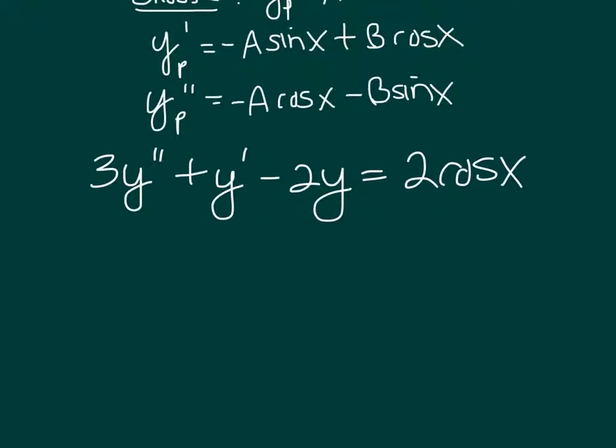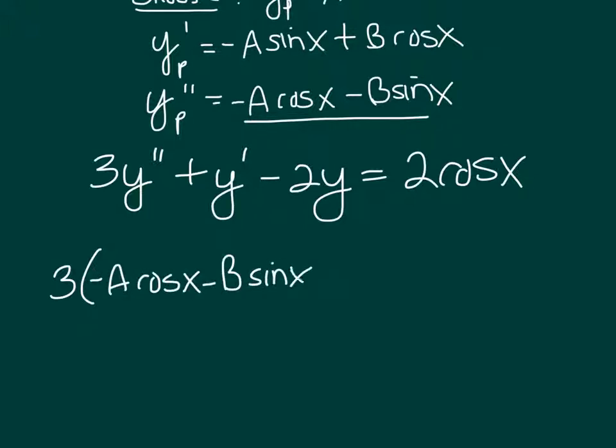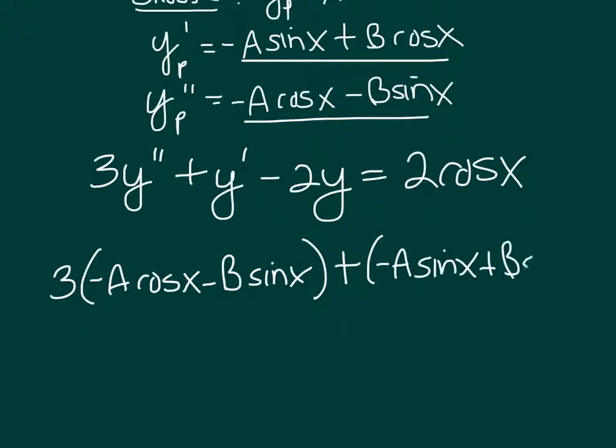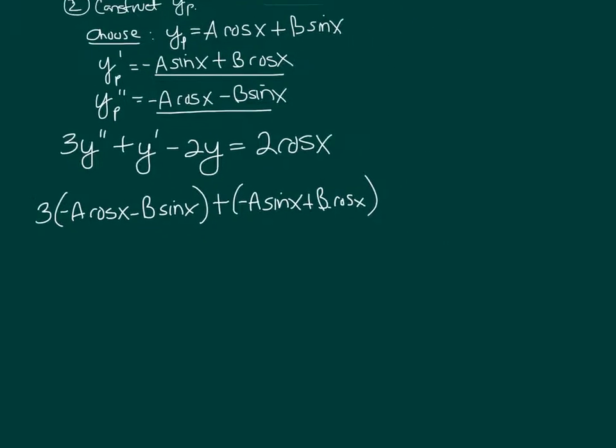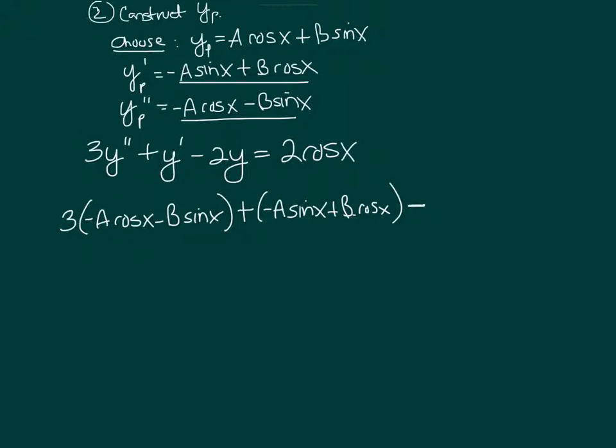Substituting these functions, we have 3 times this one, negative a cosine x minus b sine x, plus y prime, which is this one, plus b cosine x, and then finally minus 2y, so 2 times a cosine x plus b sine x.